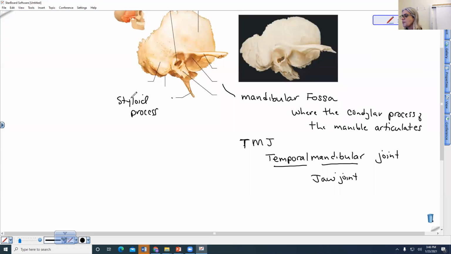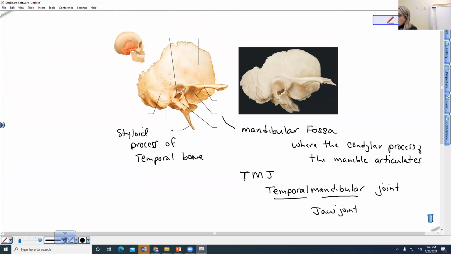So this is the styloid process of the temporal bone. For example, your radius, in your forearm, also has a styloid process. This is oftentimes broken off. Like in this image, I can't even find where that would be because that has been broken off. It's easily broken off in the skull.